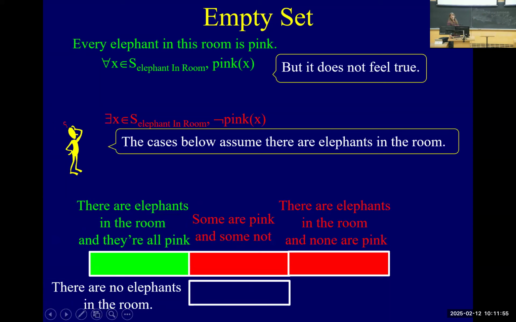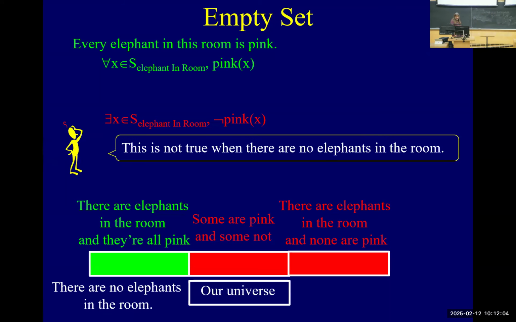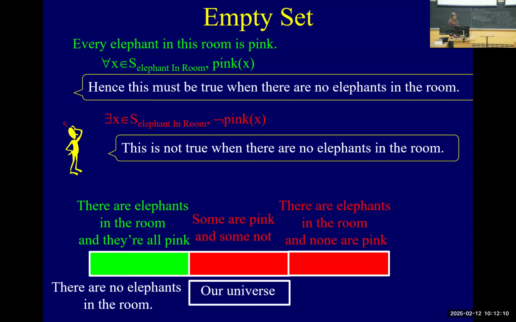And here's a new case where there are no elephants in the room. And that's the universe we happen to live in. In this universe, there are definitely no elephants in the room, so we're going to make that true.